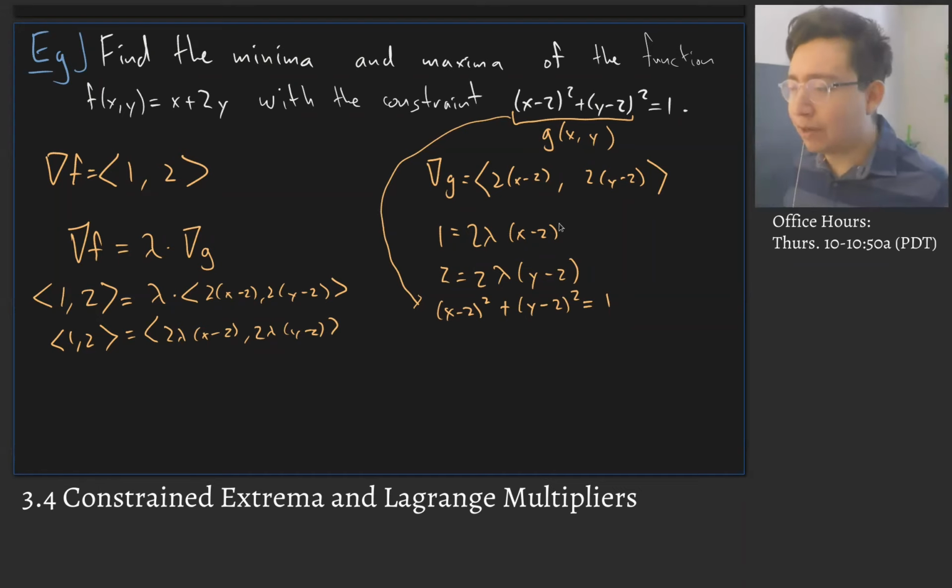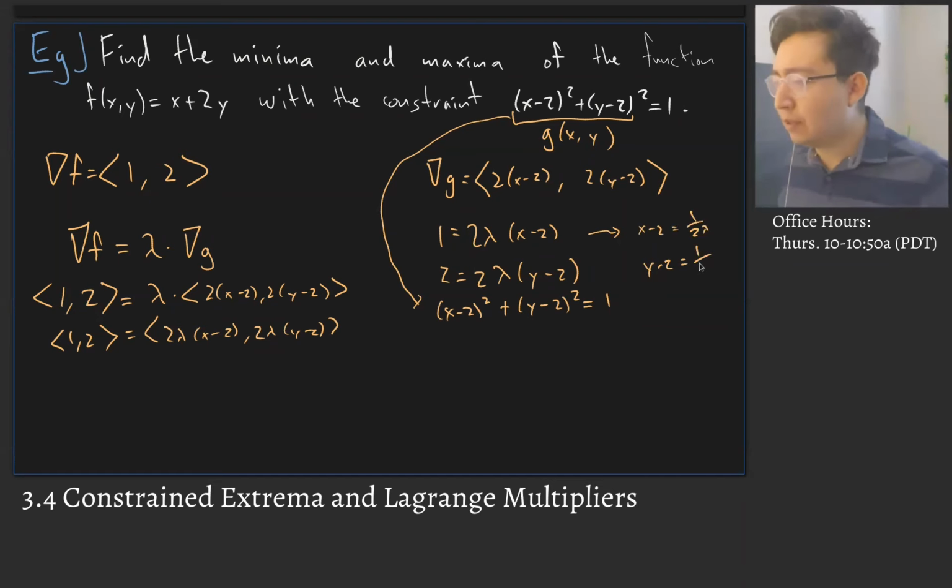Now we're going to solve this system of equations, which is actually a little easier, because over here this tells us that x minus 2 is equal to 1 over 2 lambda, and y minus 2 is equal to 1 over lambda. And we can make these substitutions over here.